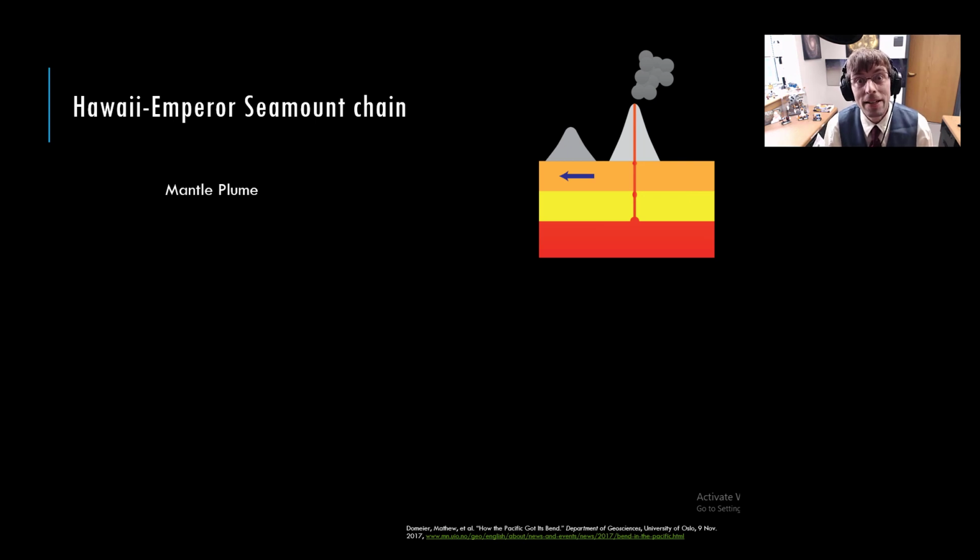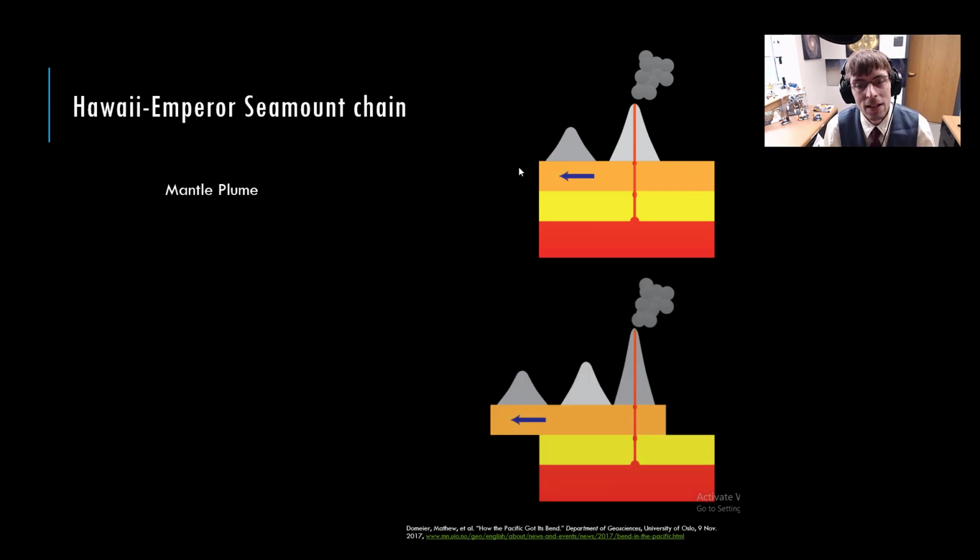But that top plate moves. Okay? That orange plate is moving according to our model. And so what happens? Sometime later in time, you notice this mountain peak has shifted to the left. Okay? And it's not by accident. This mountain peak has now shifted off of the mantle plume.